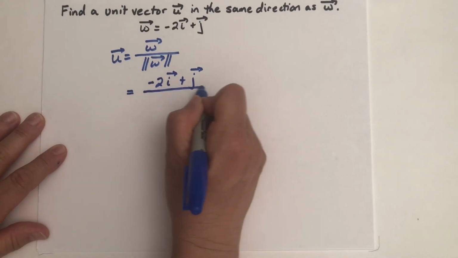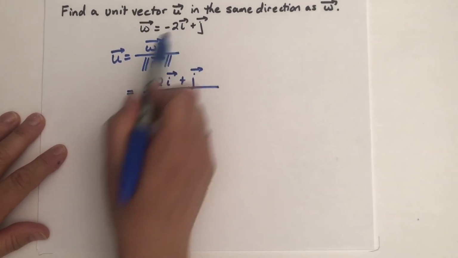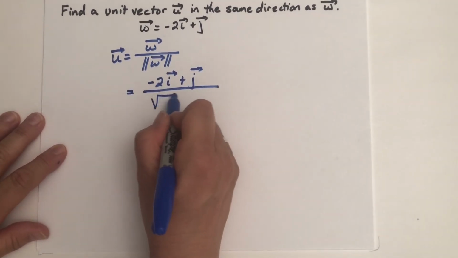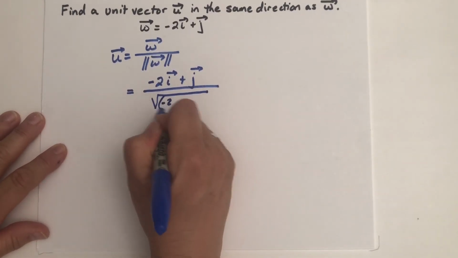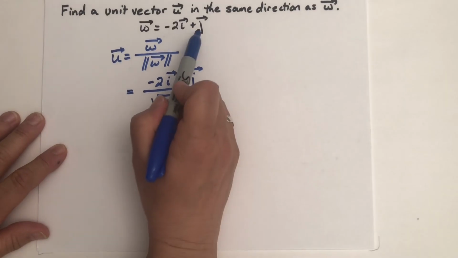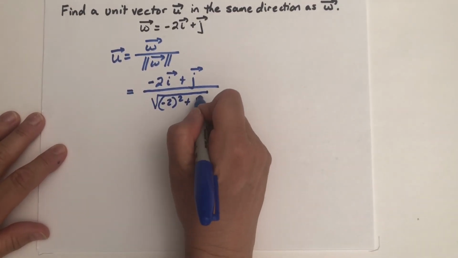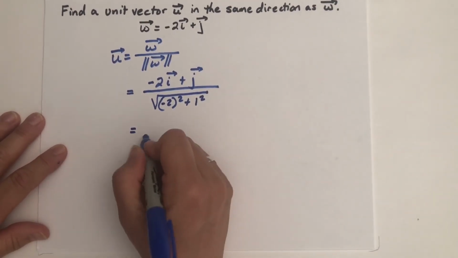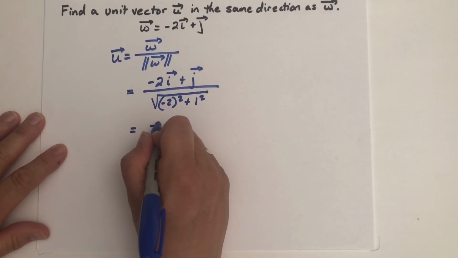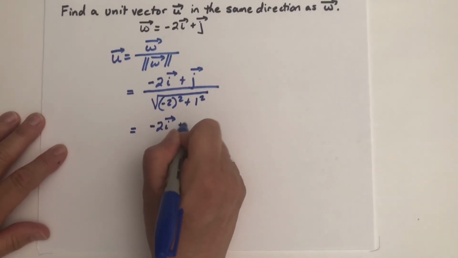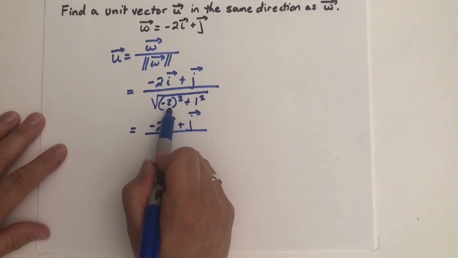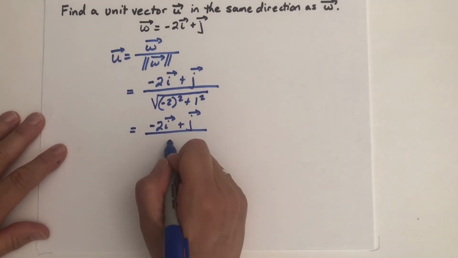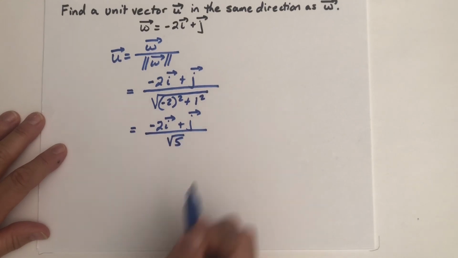And in the denominator, we need the magnitude of that vector, so it's the square root of negative 2 squared plus, coefficient of j is 1, 1 squared. So we have negative 2i plus j divided by, let's see, 4 plus 1, that's 5, so we have the square root of 5.